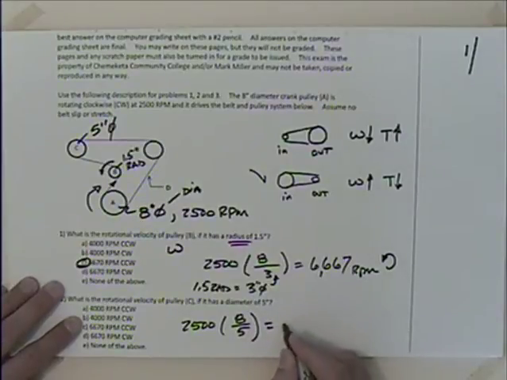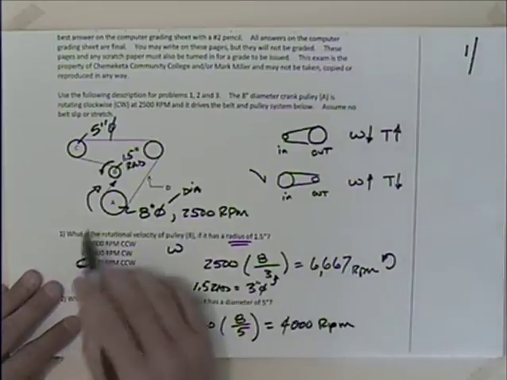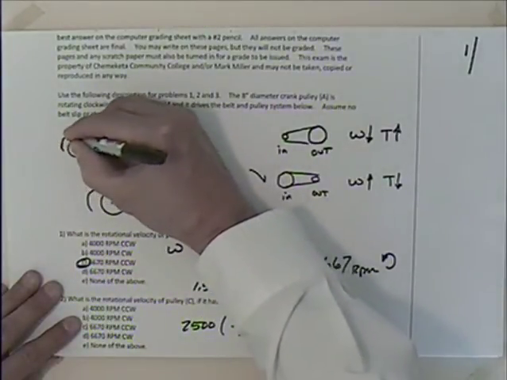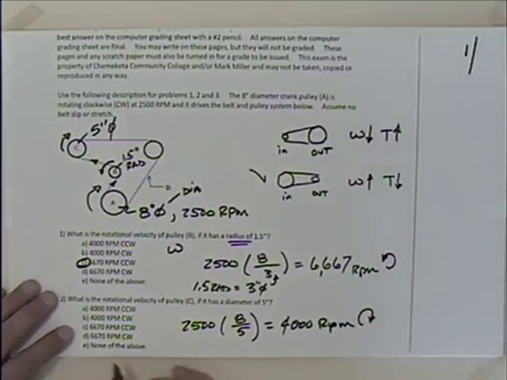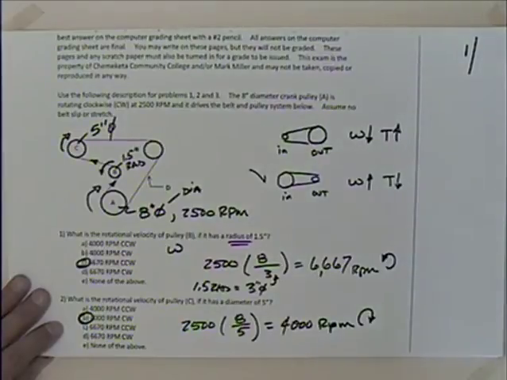So I can say that I have, what, 4,000 RPMs. And if we look at the direction here, this is going this way, so that will be that way, so it'll be clockwise, won't it? So I have 4,000 RPMs clockwise. Answer B. Okay, so answer C and answer B.